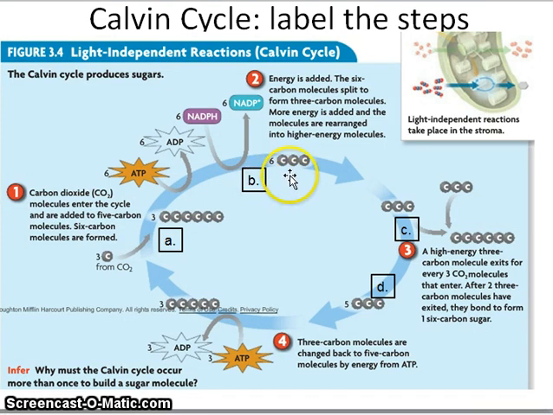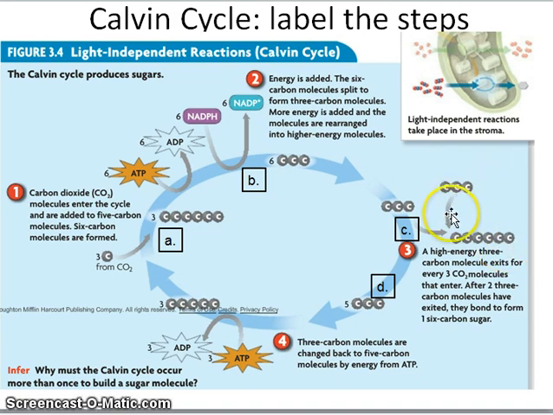So let's look at that. When we left off here, we had a 6-carbon molecule, ATP and NADPH split it into 2. So here we are at letter C that says one of the 3 carbon molecules leaves. And so we see the arrow going away. It is actually leaving the cycle.